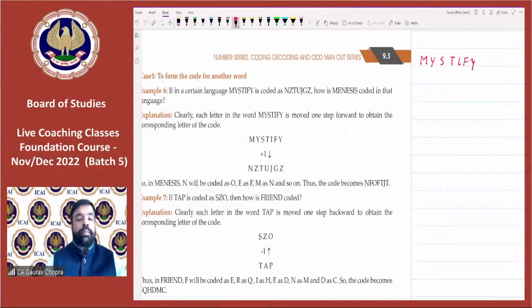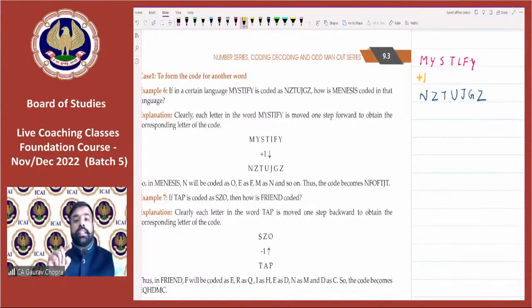Mystify is the word. And what is the given code? It is NZTUJGZ. Now, if we see the relationship between them, from M to N, we are simply adding plus 1.